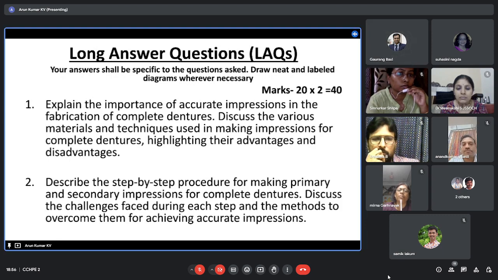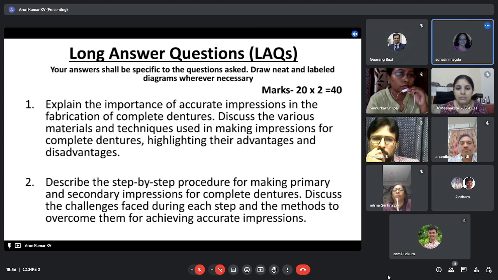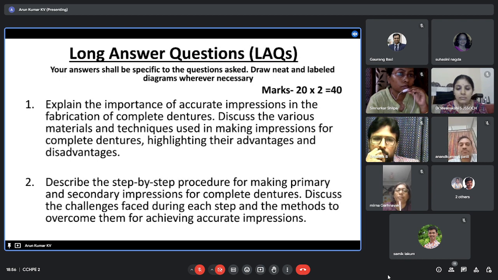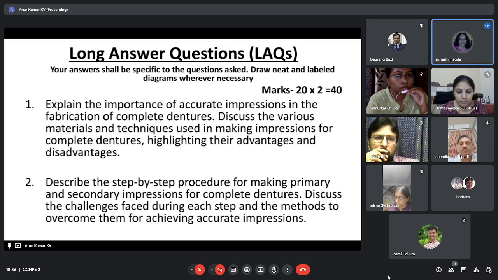Sir, the question is specific, but as ma'am mentioned, instead of "discuss", it could be "enlist various materials and techniques used". That would make it concise. List the various materials and describe any one technique. Okay, ma'am.